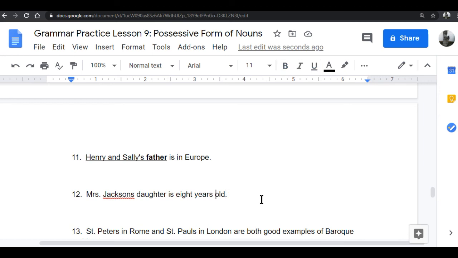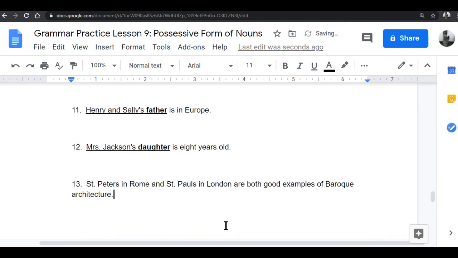12. Mrs. Jackson's daughter is 8 years old. How old is her daughter? 8 years old. So the apostrophe comes here because she has a daughter. Yeah. Mrs. Jackson's daughter is 8 years old. Cool. 13. Yay, it's the last one, guys. St. Peter's in Rome and St. Paul's in London are both good examples of Baroque architecture.